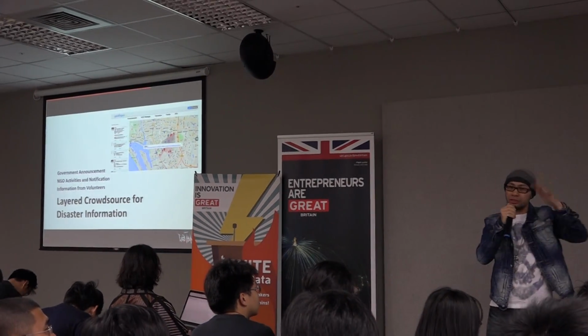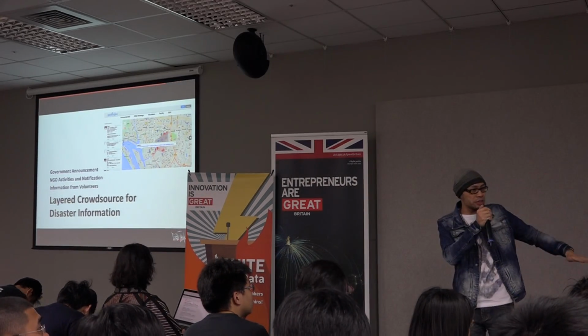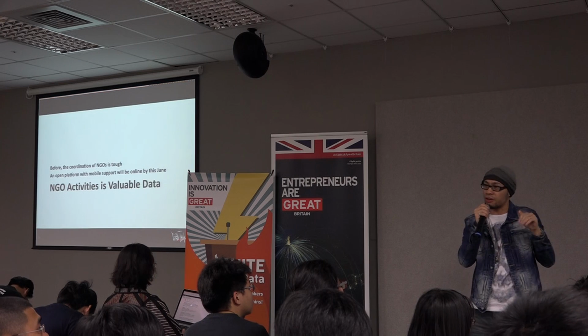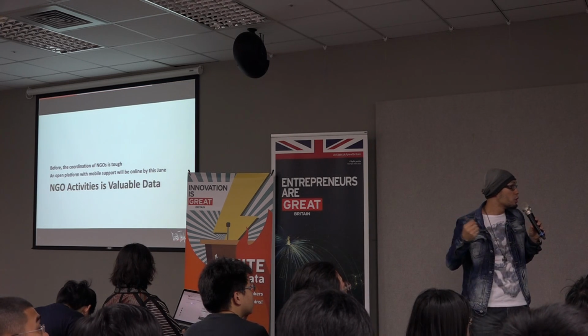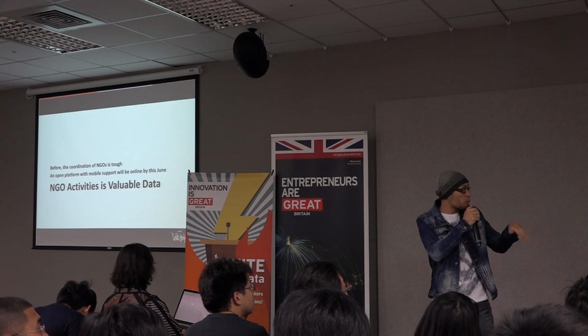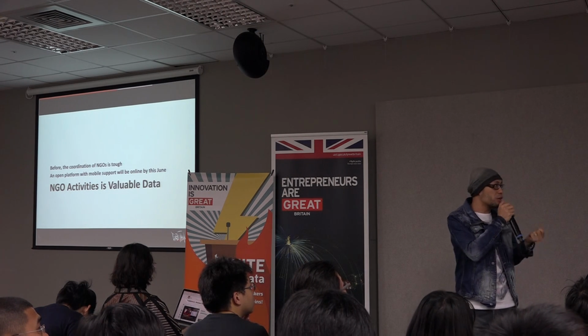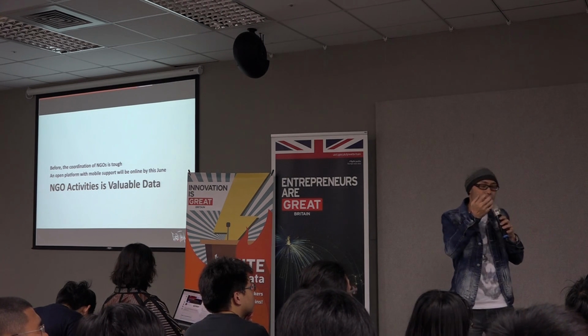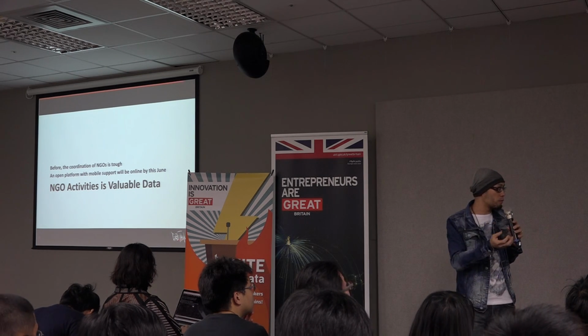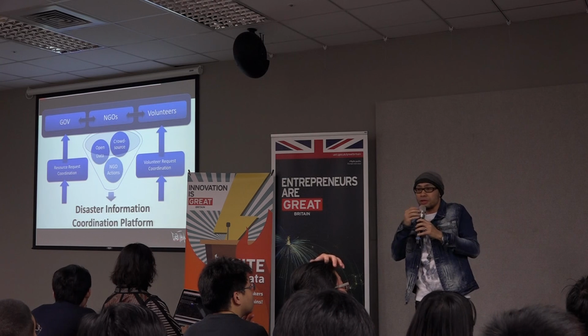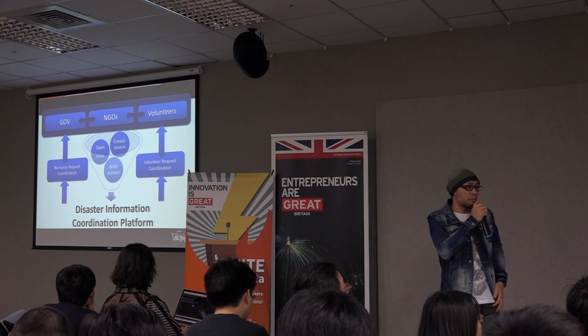So we categorize the information into government announcements, the activities from NGOs and responders, and the crowdsourced information. With this categorization, it will be easier for us to get information from the public and also from the NGOs, because we are trying to deliver the tool for the NGOs and the responders.